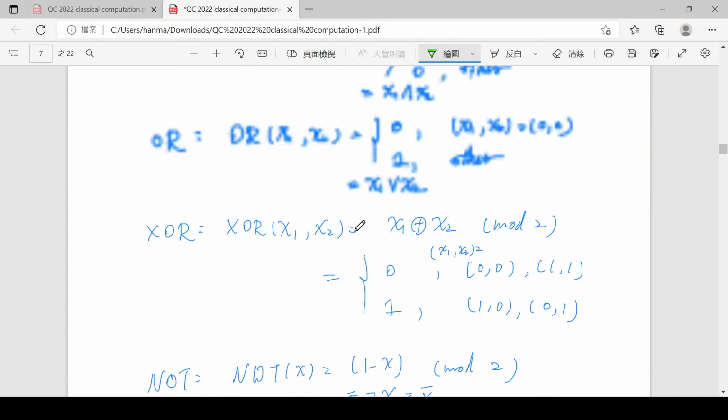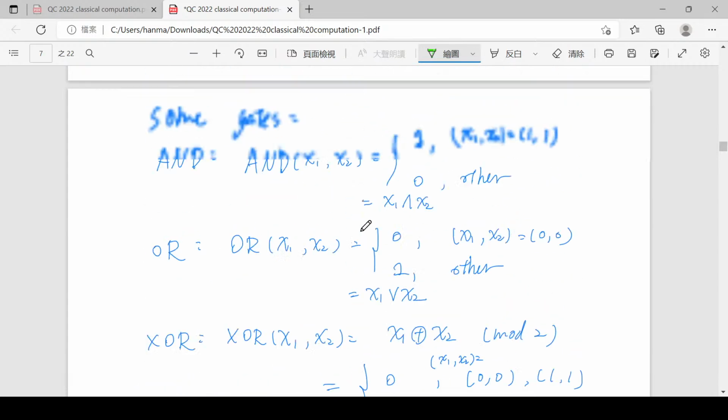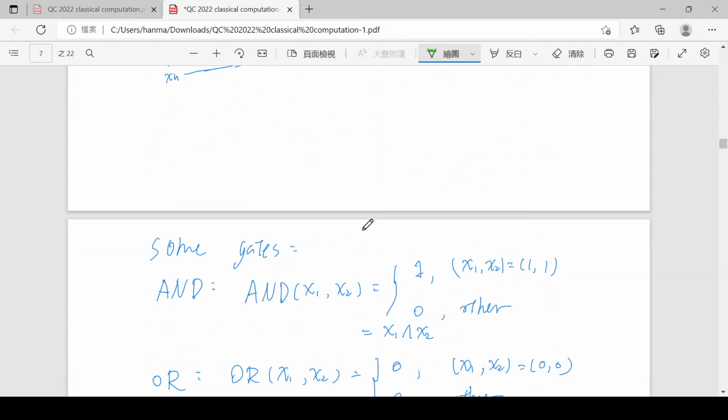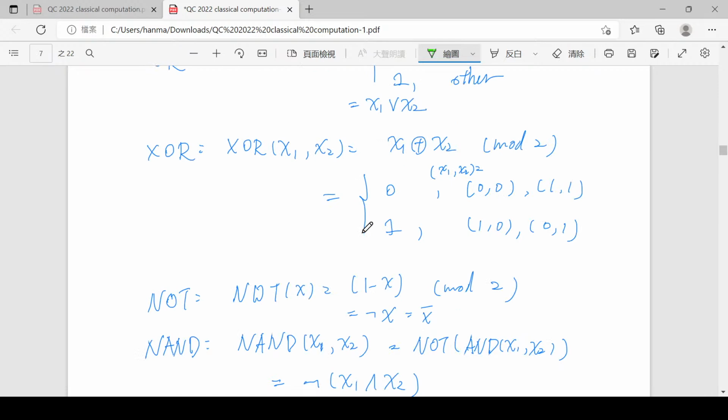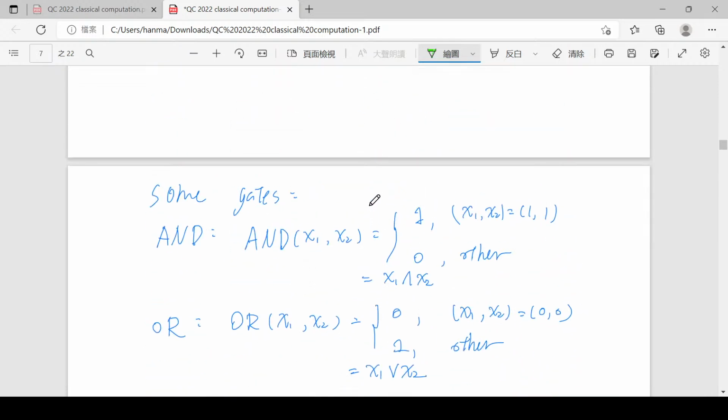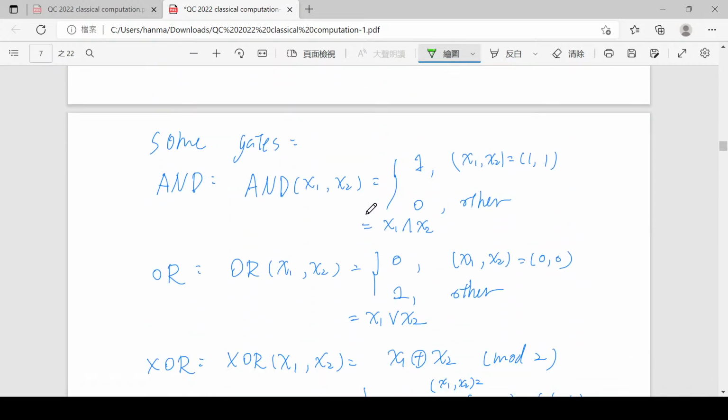And as we said, we'll describe some basic gates. The first one of them is this AND gate. It's a 2-bit gate. So input x1 and x2. And it's 1 if and only if x1 and x2 are both 1.